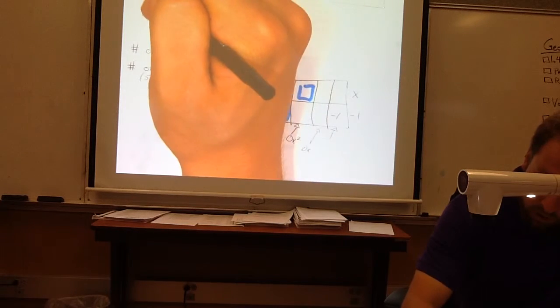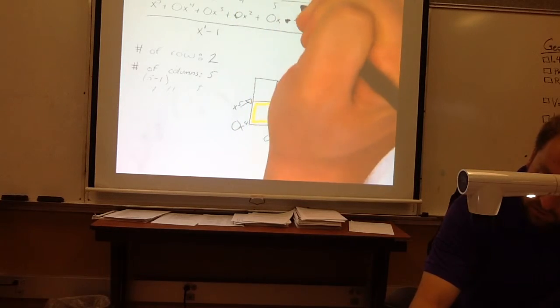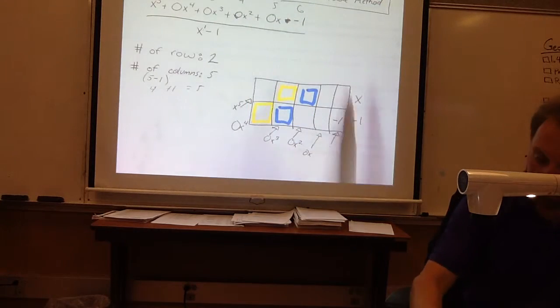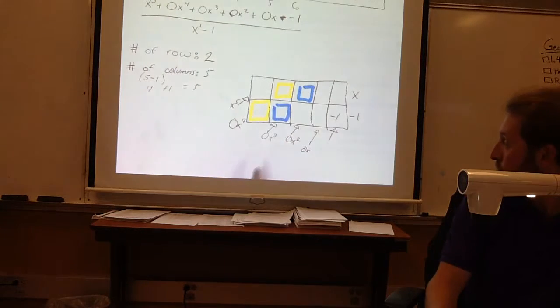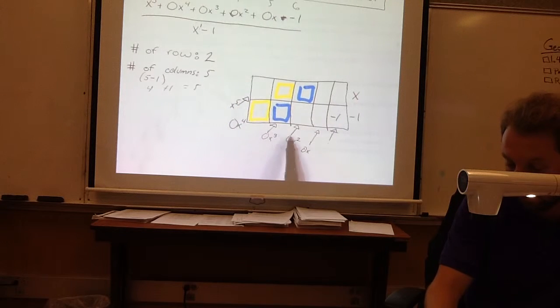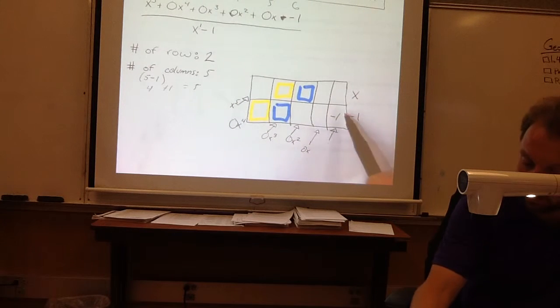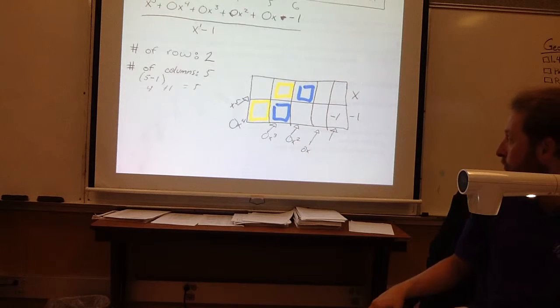Right? We have 1, 2, 3, 4, 5, 6 terms. We have 6 terms here, right? 1, 2, 3, 4, 5, 6. And then we have 1, 2, 3, 4, 5, 6, 6 basically diagonals where those like terms are going to be grouped.